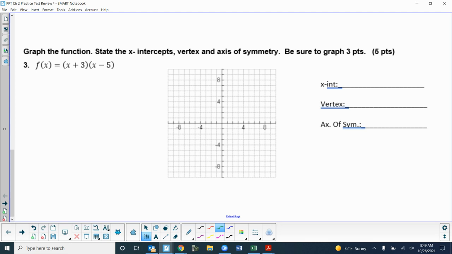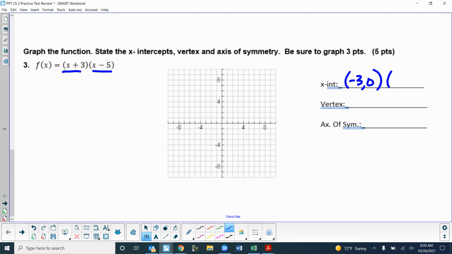All right. So it's just what makes these two quantities, let's change colors again, equal to 0. So what number in for the first x makes that equal to 0? Negative 3. So one of my x-intercepts is negative 3, 0.